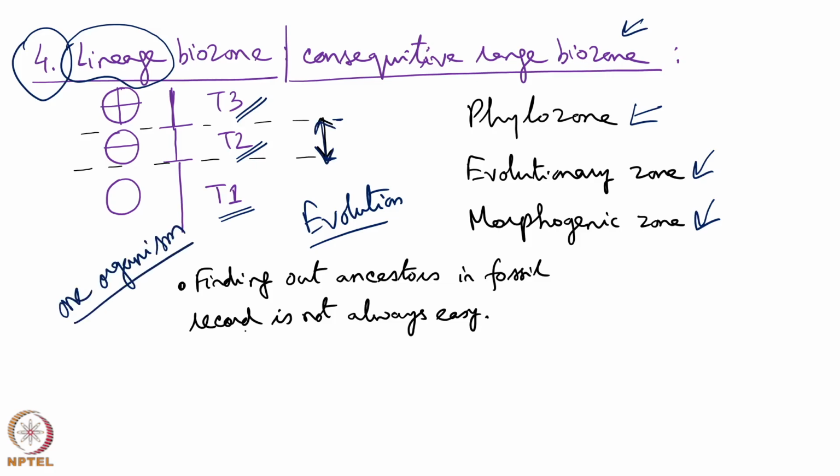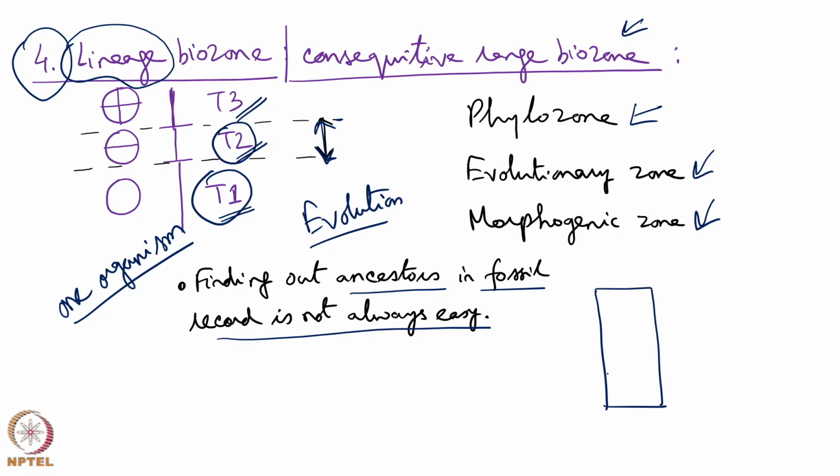Although these definitions look simple, note that finding out the ancestor in the fossil record is not always easy. You can identify T2, you can identify T1, but how do you prove that from T1, T2 has come? For example, in the fossil record not just T1 is present, there can be others also, let us say S1, V1, and here it becomes T2, S2, V2.